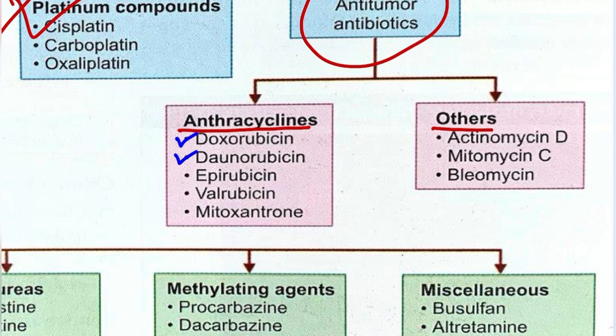And here 3 drugs are important. Actinomycin D. Another name of actinomycin D is dactinomycin. Mitomycin C, bleomycin. So here you have to remember 5 anti-tumor antibiotics: doxorubicin, daunorubicin, actinomycin D, mitomycin C, and bleomycin.